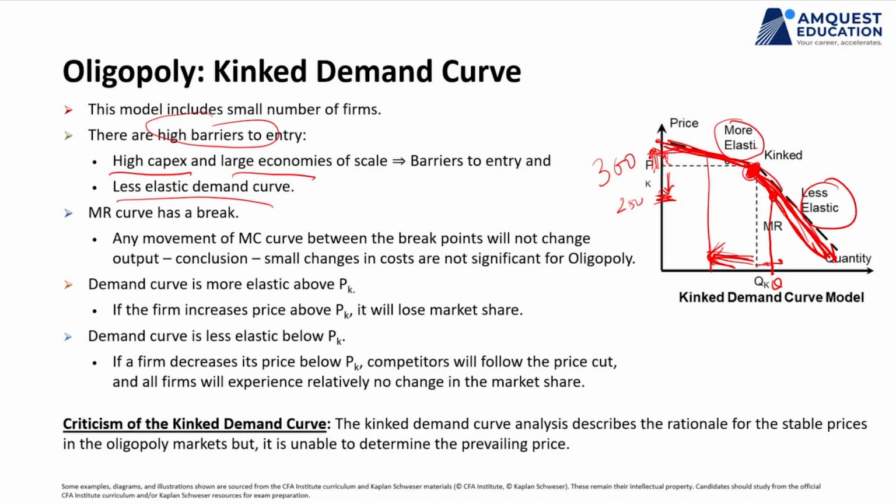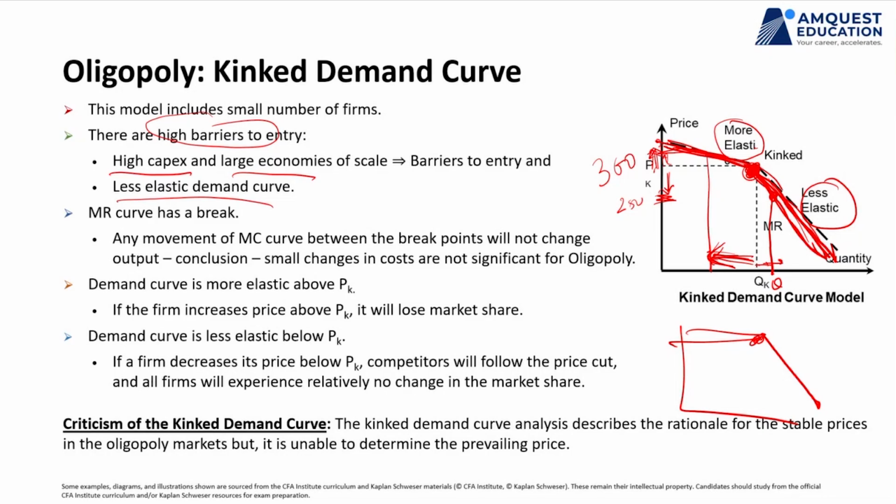So if you increase the price, you are losing more customers. If you decrease the price, you're gaining fewer customers. This is the more elastic zone, so you lose more. This is less elastic, so you gain less. Got it? Therefore, the demand curve is kinked, and you have the more elastic and less elastic zone, and that is why it's called a kinked demand curve. तो मुझे ये प्राइस पे खेलना है. वो प्राइस के ऊपर it is more elastic, below that price less elastic.